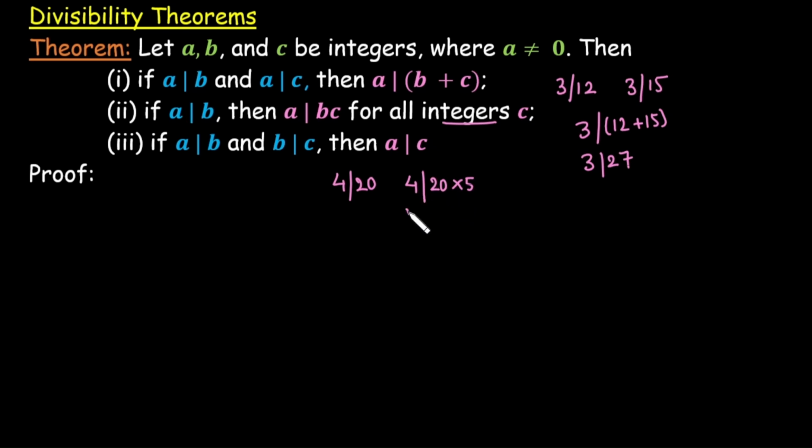Yes, because 4 divides 100. Third, if A divides B and B divides C, then A also divides C. So if 2 divides 6 and 6 divides 18, does 2 divide 18?